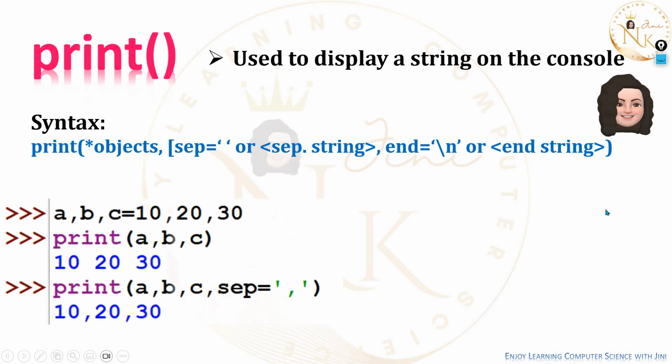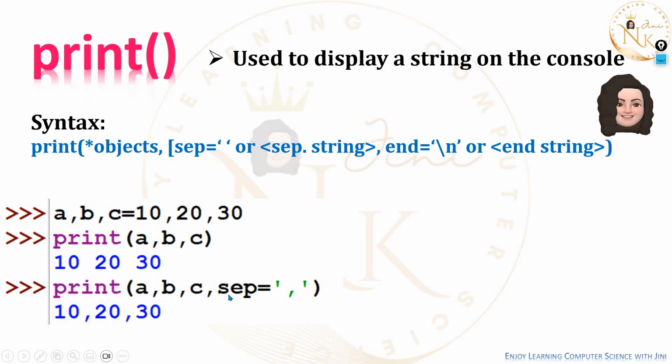Let me explain with an example. a, b, c = 10, 20, 30. So print(a, b, c). I didn't give a separator, I didn't give an end. By default, the separator will be a space. So all the values will be printed separated by a space. Default separator is space.